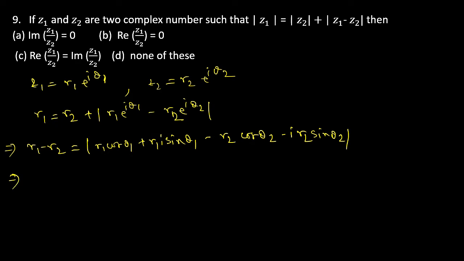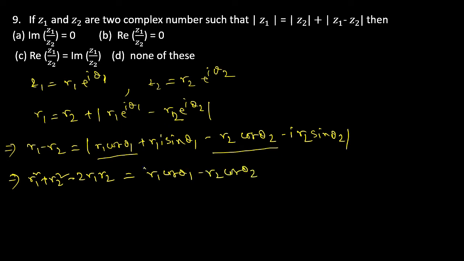Now squaring both sides we get R1 square plus R2 square minus 2 R1 R2 equal to the real part, R1 cos theta 1 minus R2 cos theta 2, square, plus the imaginary part, R1 sin theta 1 minus R2 sin theta 2, square.